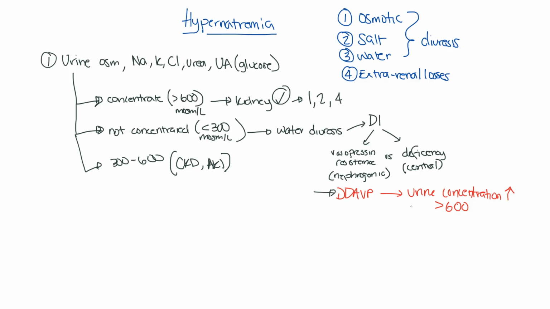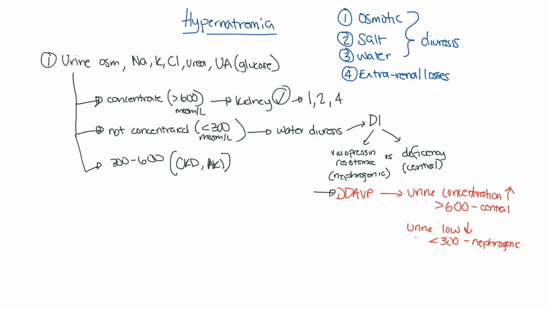If the urine concentration is low, say stays less than 300, you know this is a nephrogenic or a resistance. Okay, pretty easy workup here.